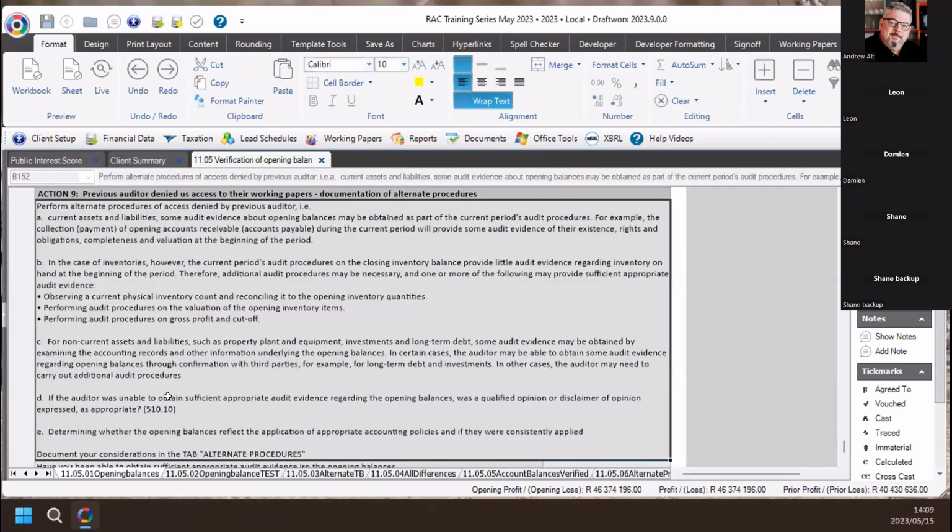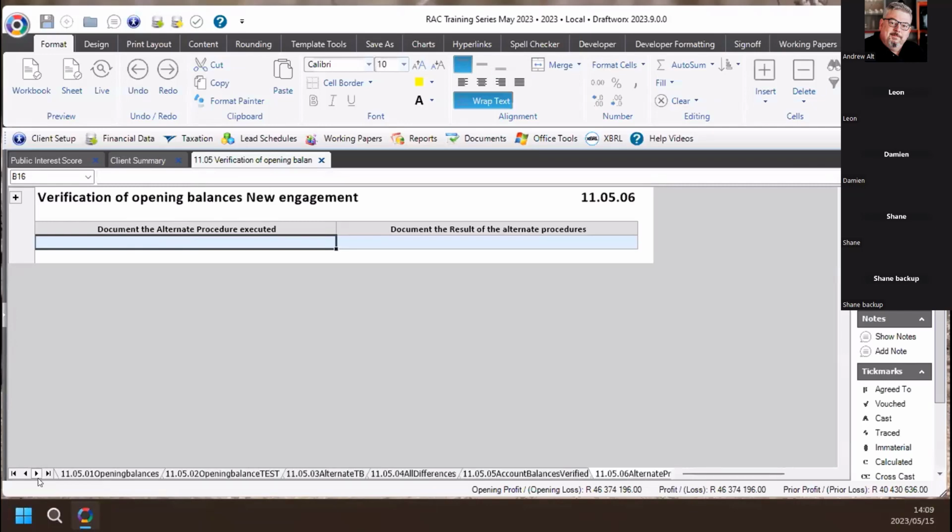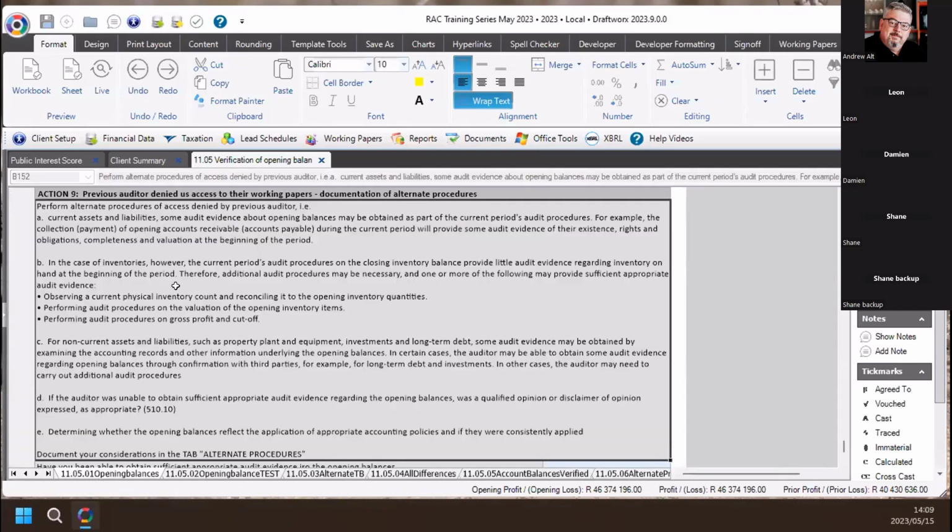And what we then need to go and do is that you'll see at the very bottom there, it says alternate procedures. And that's this one over here, 110506. And you now need to go and document, how did you verify the opening balances? Now, there's an array of different approaches that is addressed here.